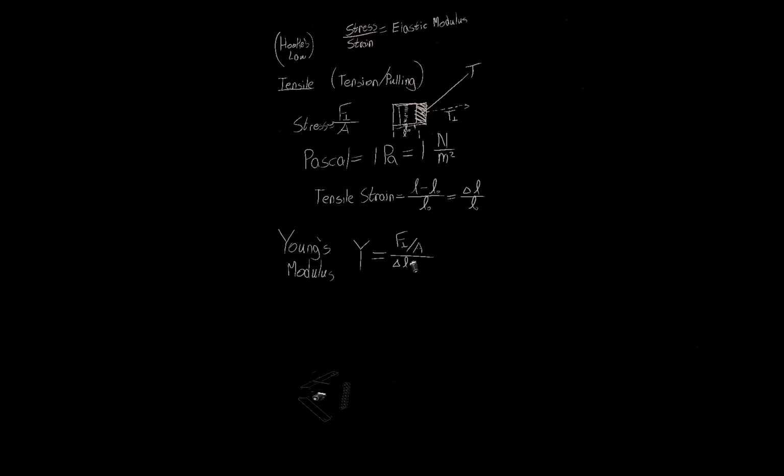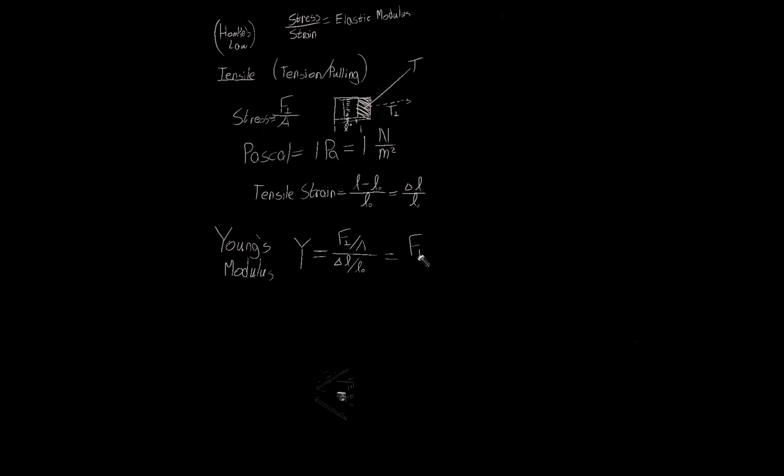And so that would be F perpendicular over A multiplied by the inverse, L naught over delta L. And that's about as much as we can clear it up. So that is Young's modulus.